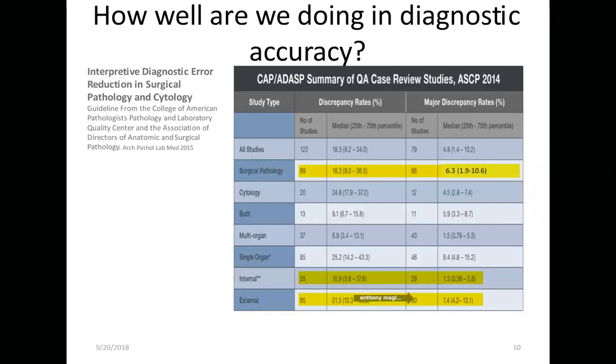And this probably is not unexpected in that this data comes from major academic centers, and that in major academic centers, you often see a higher external discrepancy rate compared to an internal one, mainly because these centers have an internal quality control process that removes major discrepancies before final reports are issued.